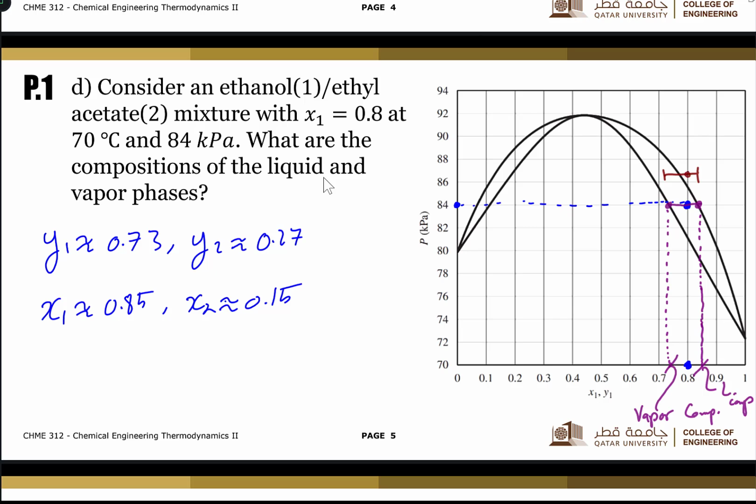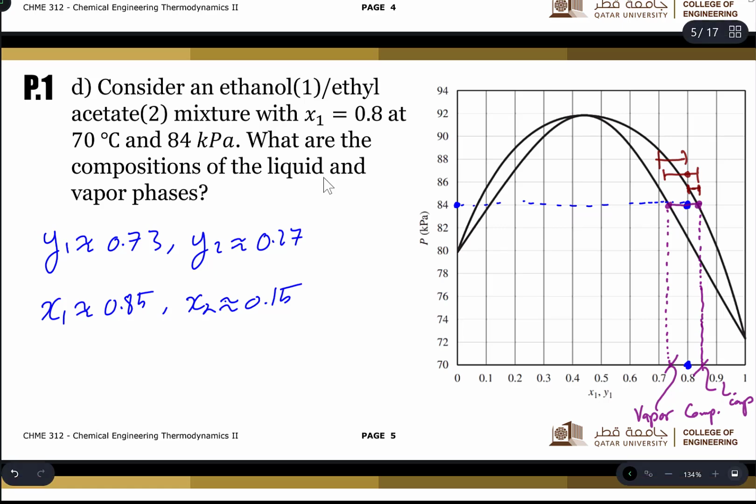This small length divided by the total gives me the fraction in the vapor. This longer length divided by the total will give me the fraction in the liquid. And obviously, we have more liquid because we're closer to the bubble line in this case.